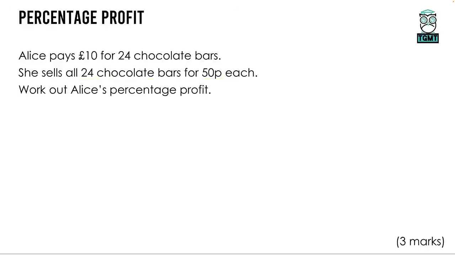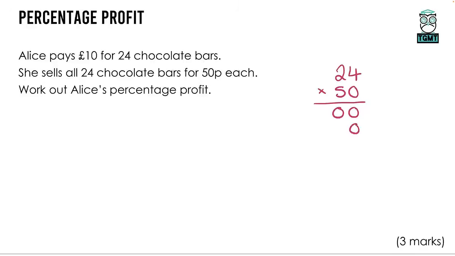So in terms of looking at this as an amount of profit, we need to first work out 24 times 50p. Now that's in pence, the other's in pounds, so it's completely up to you whether you turn that into pounds first, but I need to do 24 times 50. Now you might know what that is already. That's absolutely fine if you want to just apply a mental arithmetic method, but 0 times 4 is 0 and 0 times 2.